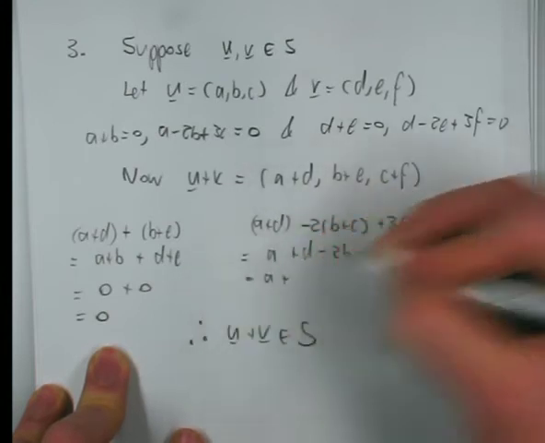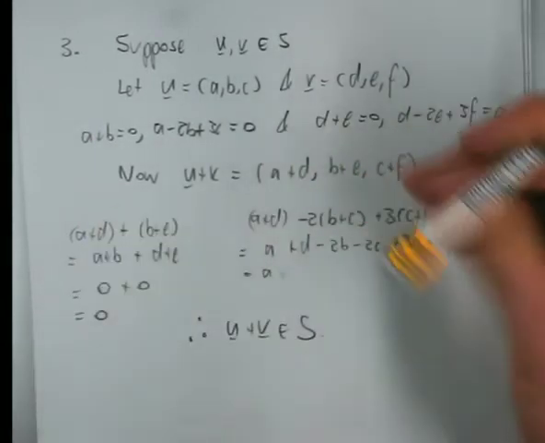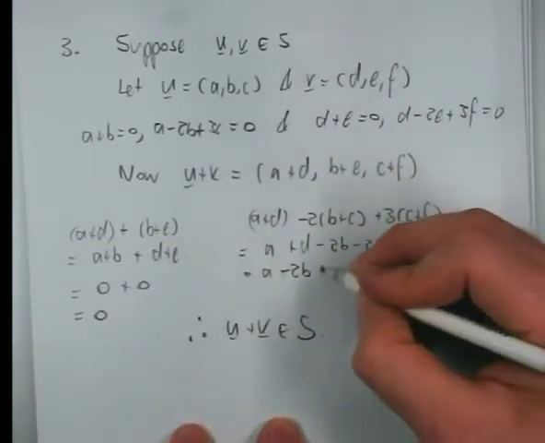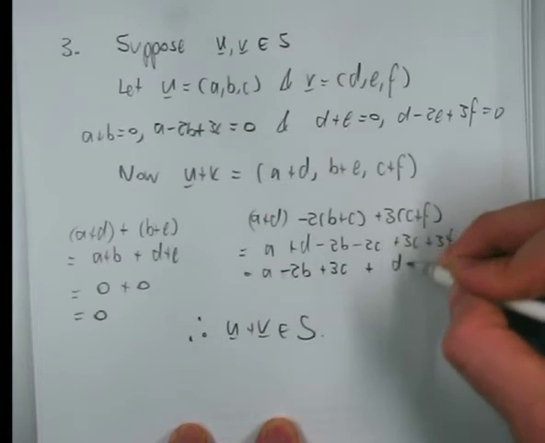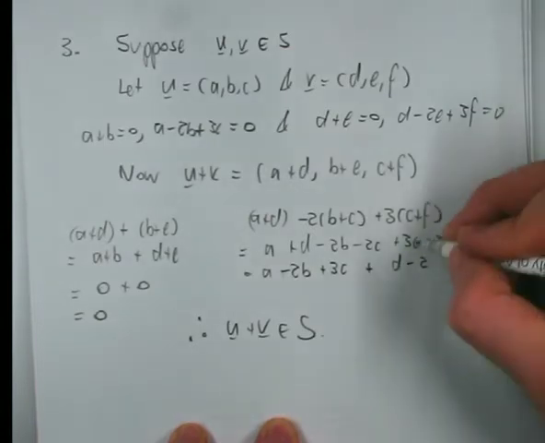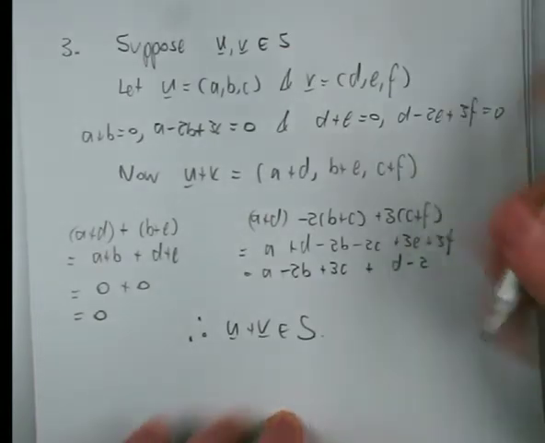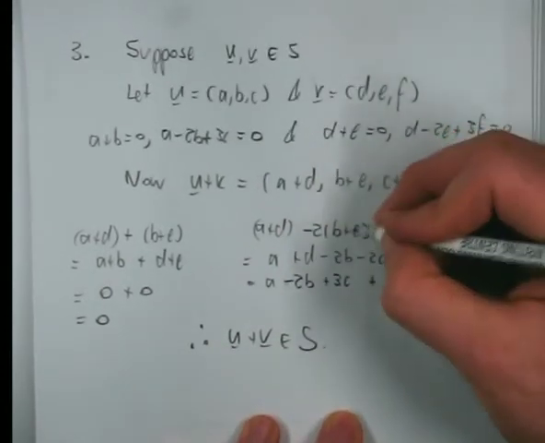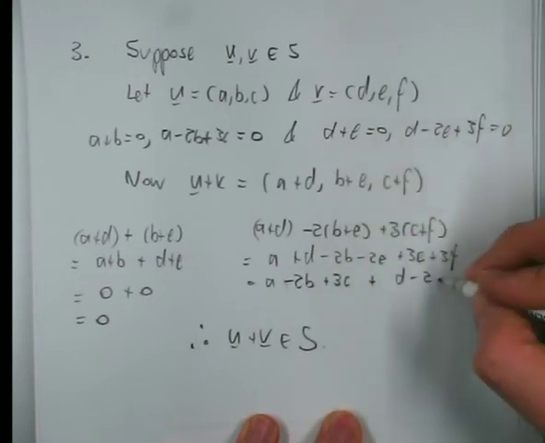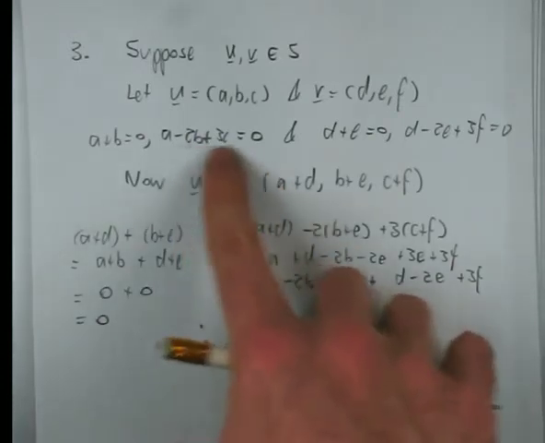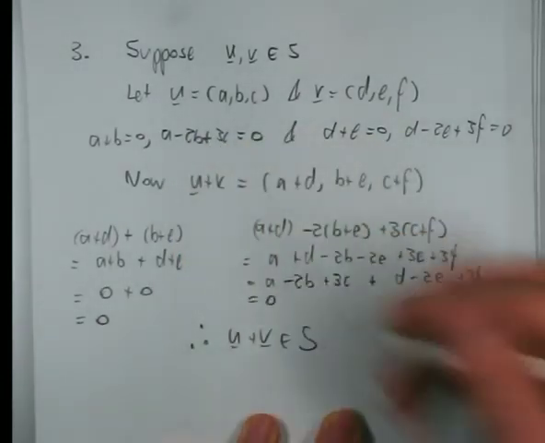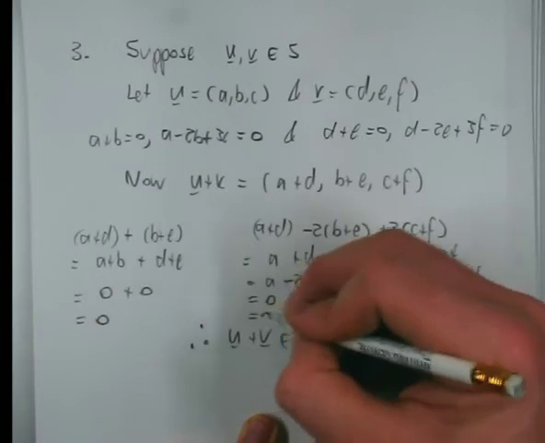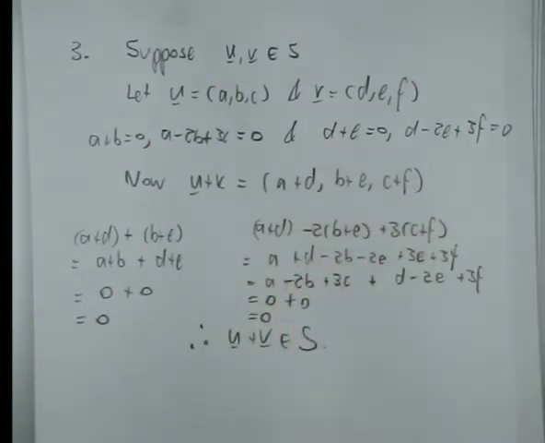So I'll have A minus 2B plus 3C and D minus 2E, that's an E there, sorry, D minus 2E plus 3F. And I just said earlier that A minus 2B plus 3C was 0, and this is 0, so that's 0, and therefore U plus V is in S, because it satisfies both of the equations.